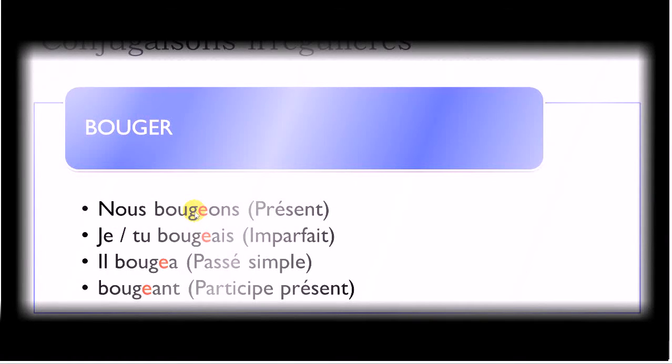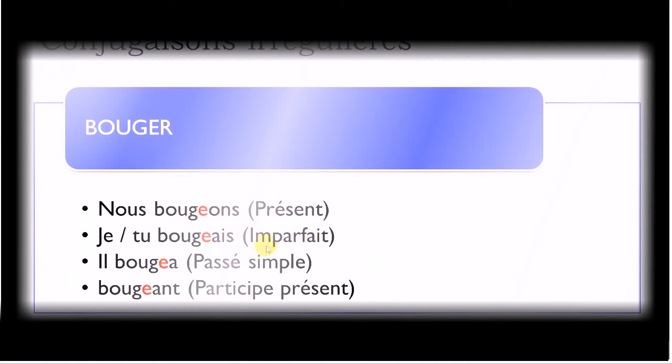So the only possibility that we've got to make this phonetical connection between this form and the infinitive is by adding this E here, okay? And so when you put this here, you will get the sound bougeons, okay? And in that case, you know what verb we are talking about. Nous bougeons, all right? So it's only this nous form that will be affected at the present tense.